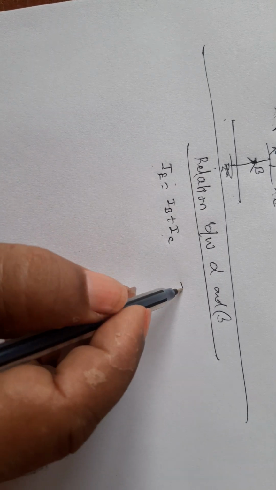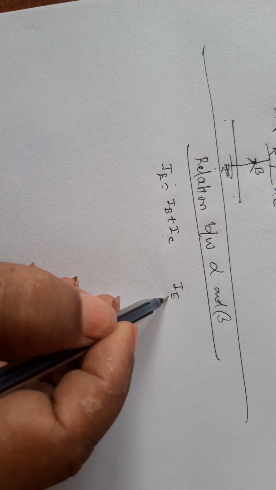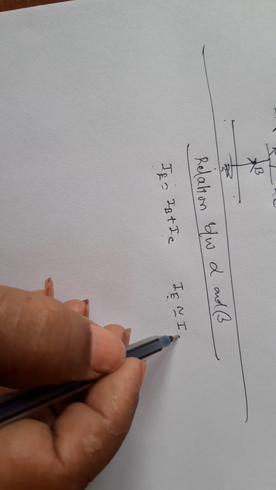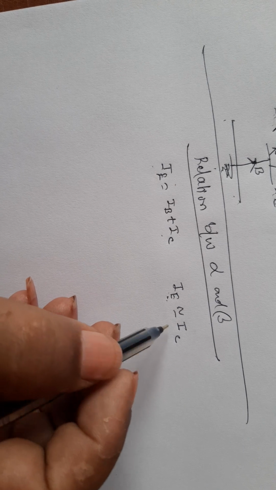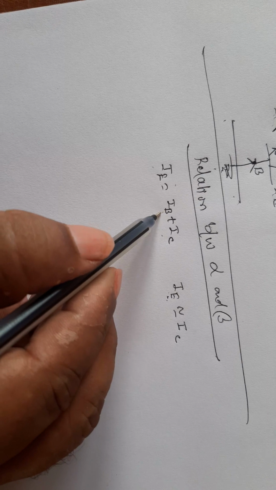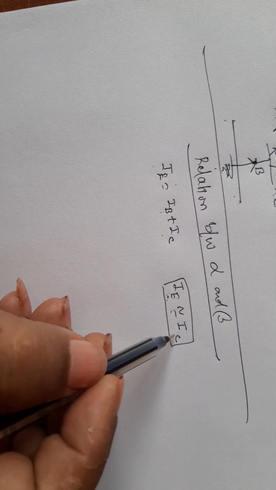That is, almost all the electrons present in the emitter that carry the emitter current go to the collector. The collector will collect almost all electrons, whereas the base collects only a few electrons. Since IB is very small, in general we can write IE is equal to IC.